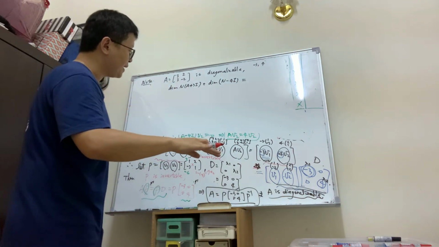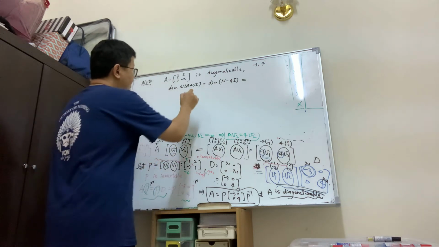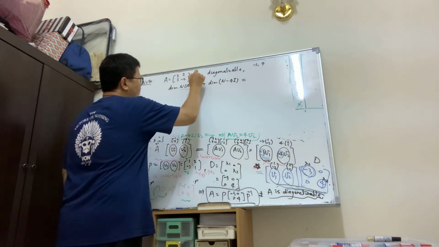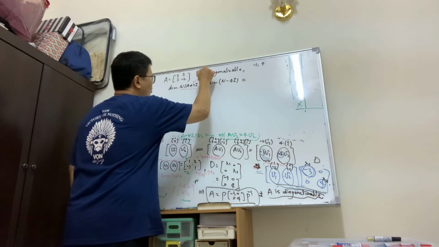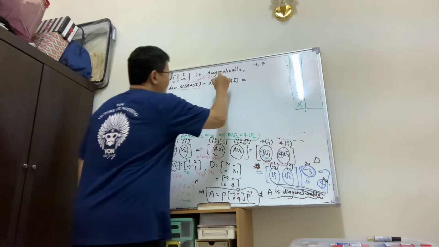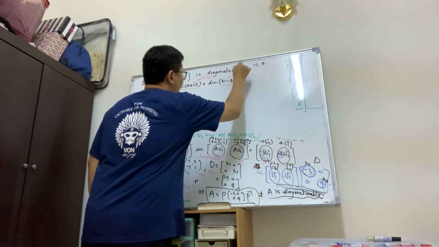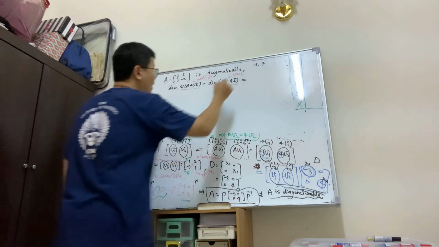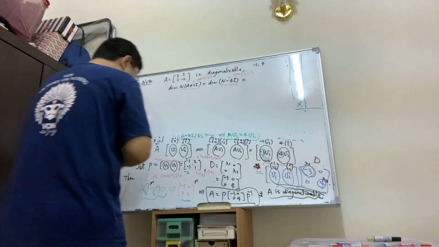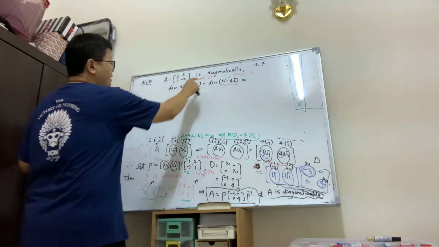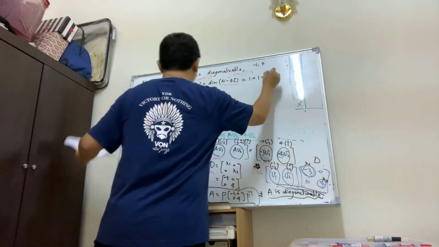The null space of A plus 3I is the spanning set of the vector 1, negative 3, and the null space of A subtract 4I is the spanning set of 2, 1. So both of them have dimension 1, so 1 plus 1 is equal to 2.